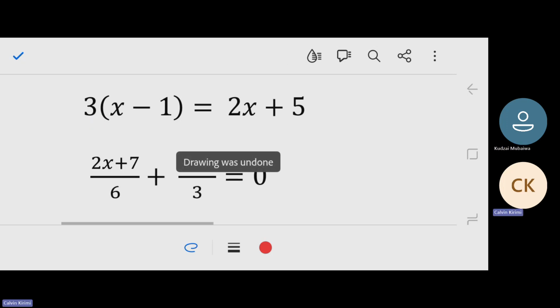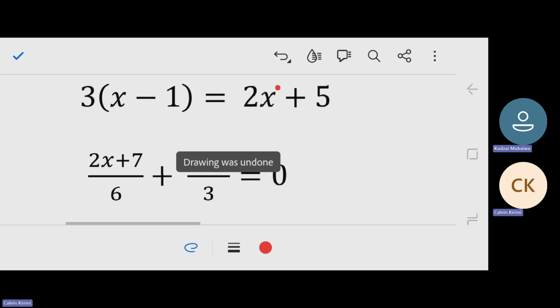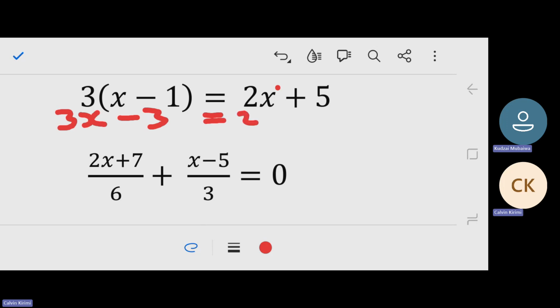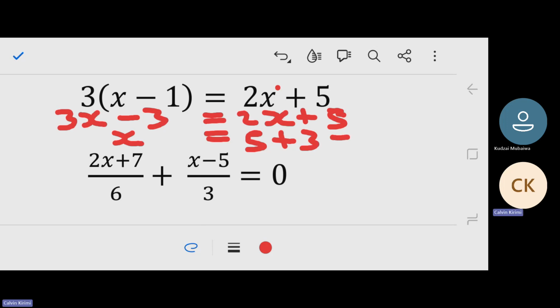So let's just verify. 3x minus 3 is equal to 2x plus 5. Like terms, yes. x is equal to 5 plus 3, which is equal to 8.